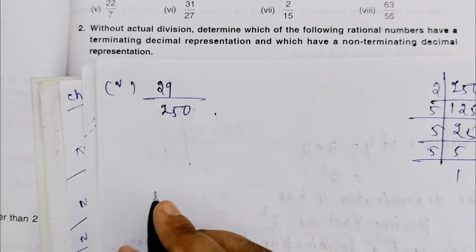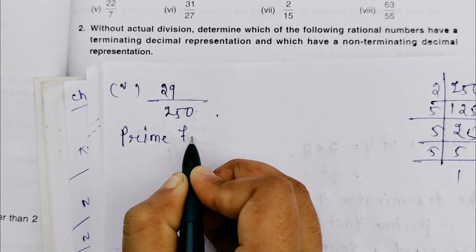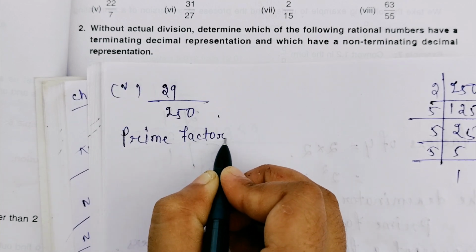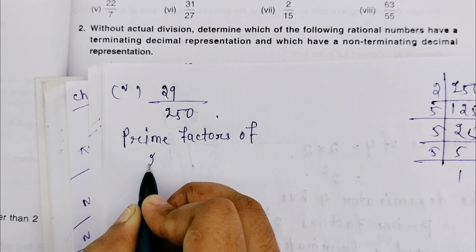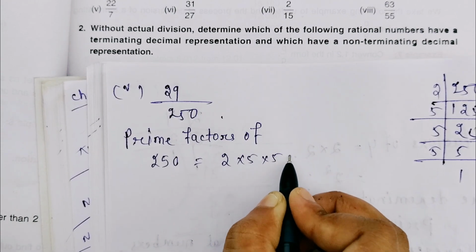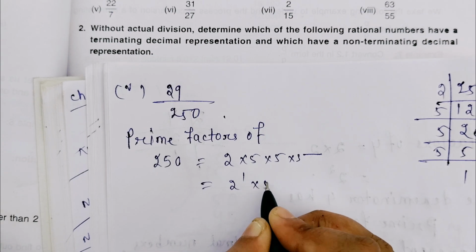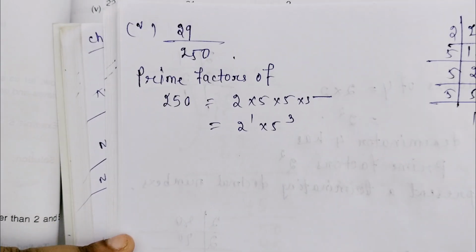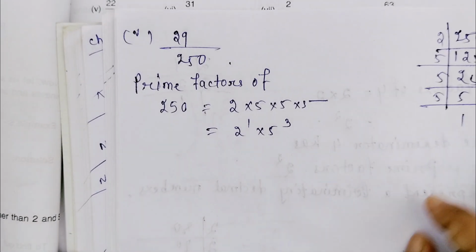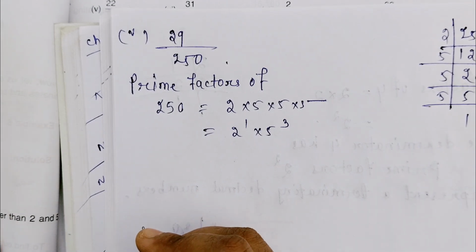We write prime factors of 250 equal 2 into 5 into 5 into 5 equal 2 to the power 1 into 5 to the power 3.